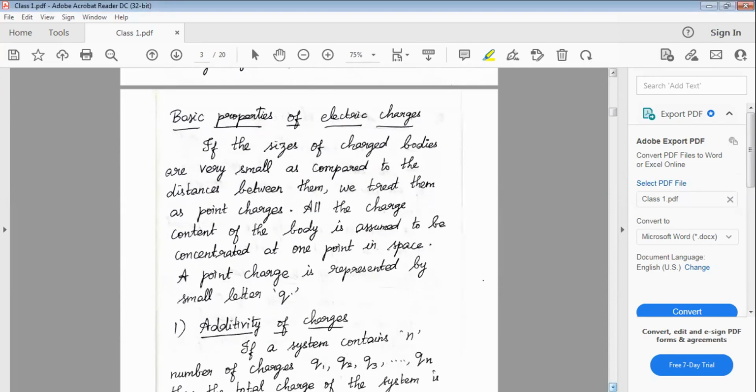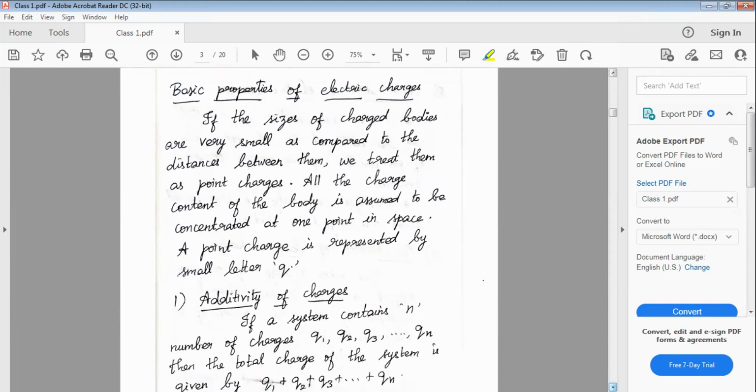So whenever you say a material is a charged body, that means it has electrons in excess or it has a deficit of electrons. Now we are going to discuss the basic properties of electric charges.